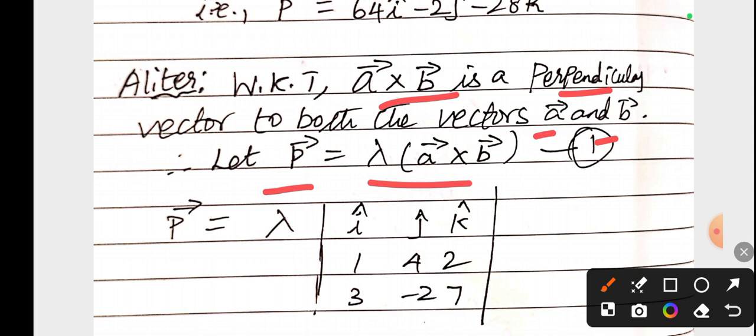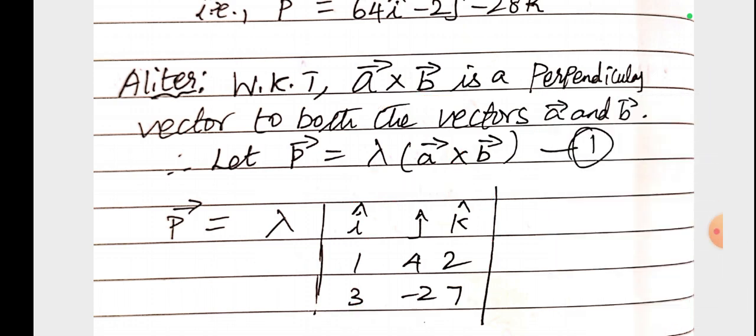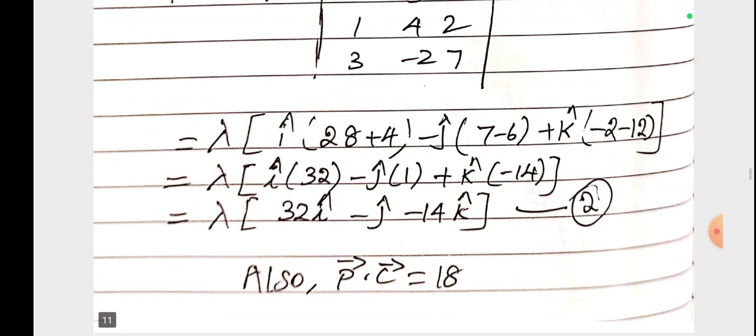Once we write P vector equals lambda times A cross B, do A cross B using determinants, children. i cap, j cap, k cap. A vector coefficients 1, 4, 2. B vector 3, minus 2, 7. Then do the expansion.